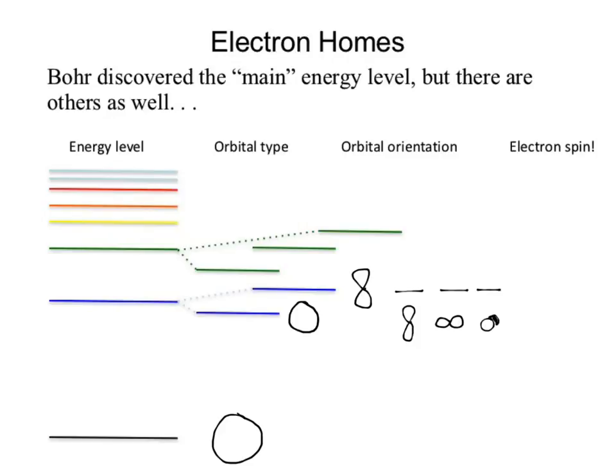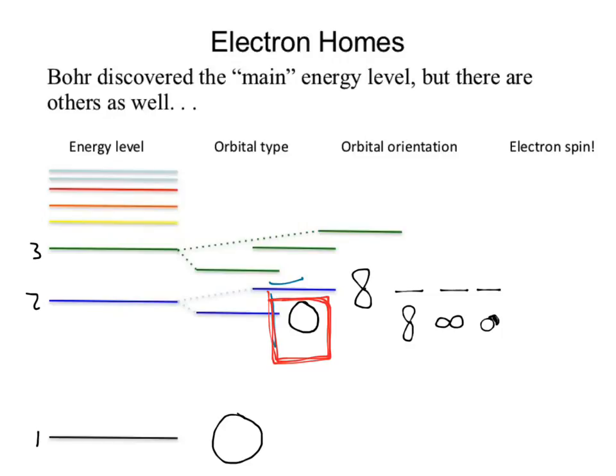If I now want to name this position, let's put a big red box on it. I want to name that position so I can say there is an electron in that spot. How do I name it? It's in the second energy level, and we know that because, remember, we had the numbers on the side initially.